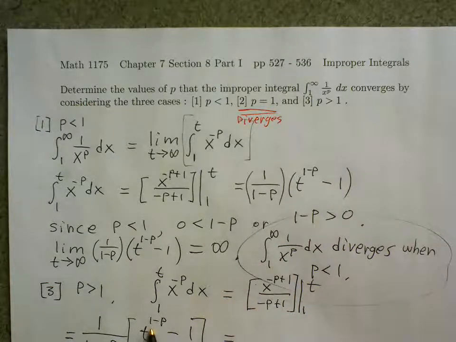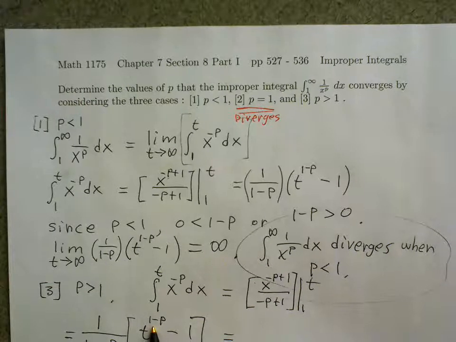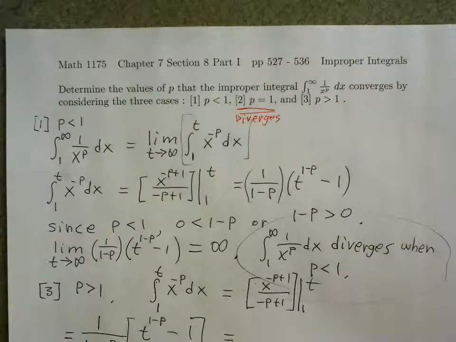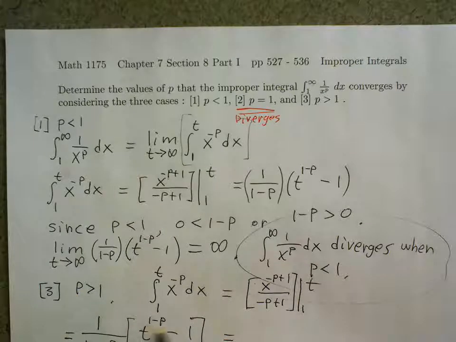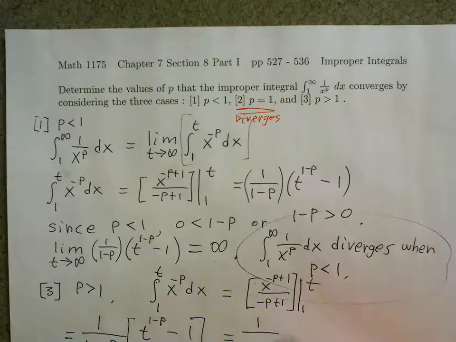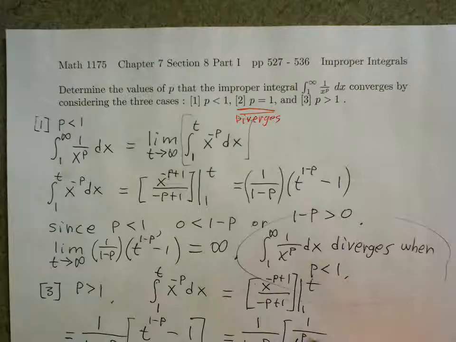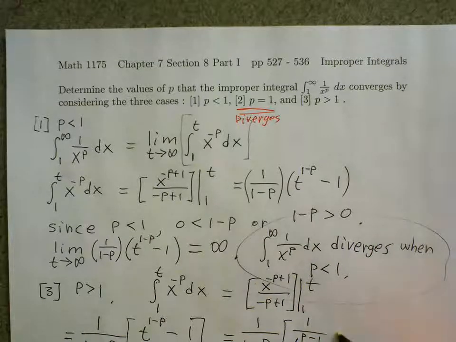Okay, this exponent, 1 minus p, what can you say about that exponent? What's the sign of that number? It's negative because p is greater than 1, so 1 minus p is negative. So we might want to write this as 1 over 1 minus p times the quantity 1 over t to the p minus 1, and then minus 1.